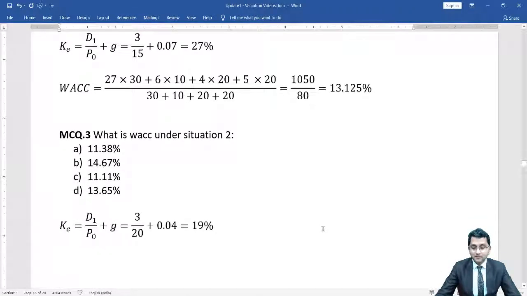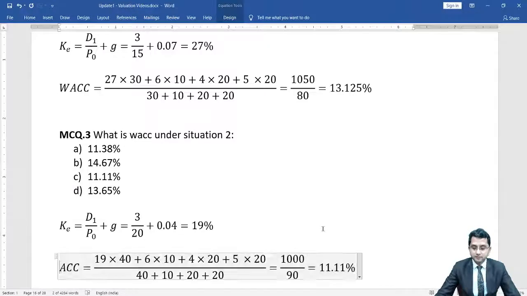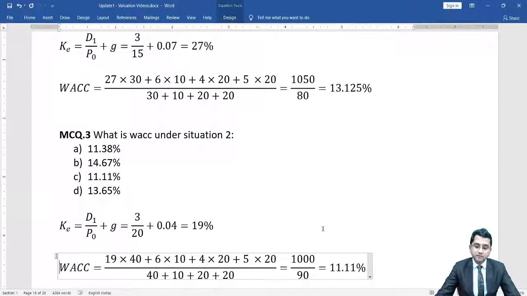And the weighted average cost of capital, 19% is the cost of equity. 2 lakh shares into 20 rupees per share, 40 lakh. 6% preference share cost into 10 lakh. 4% cost of existing debt, 20 lakh. 5% cost of new debt, 20 lakh.